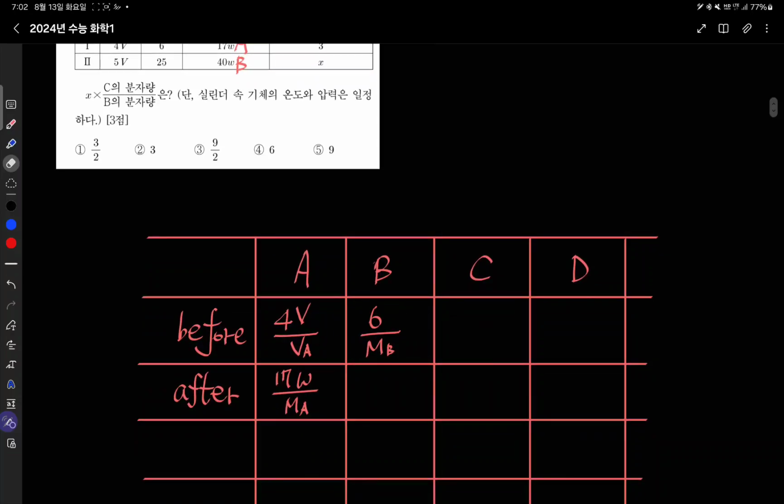So if 6/MB mole of B is consumed, 2/3, that means 4/MB mole of both C and D will be produced.